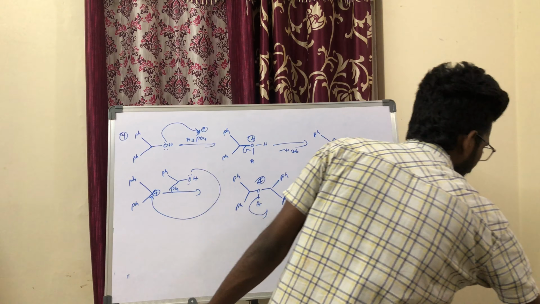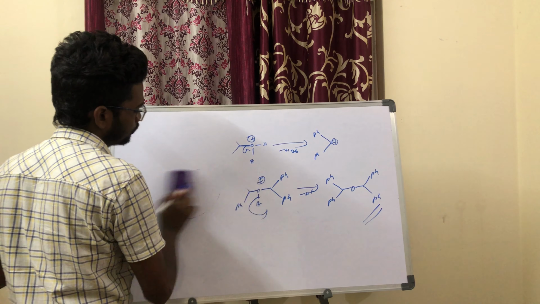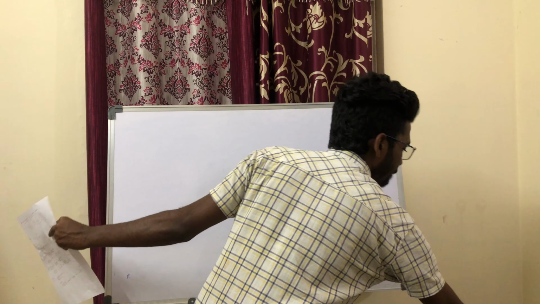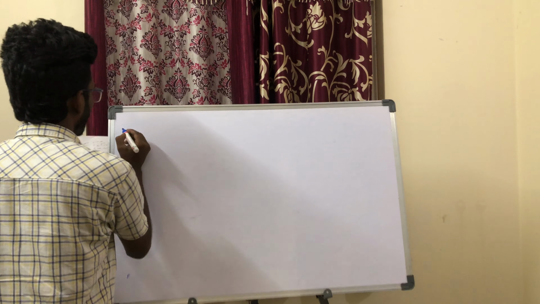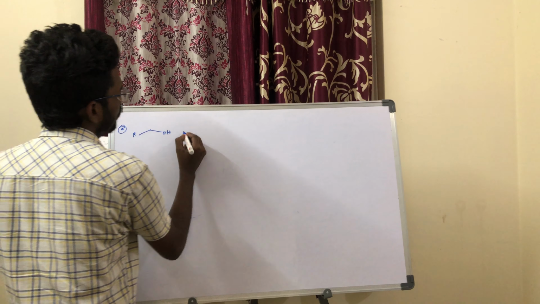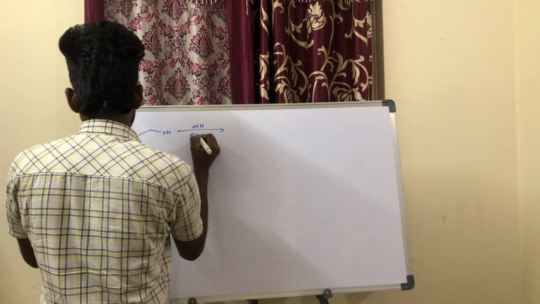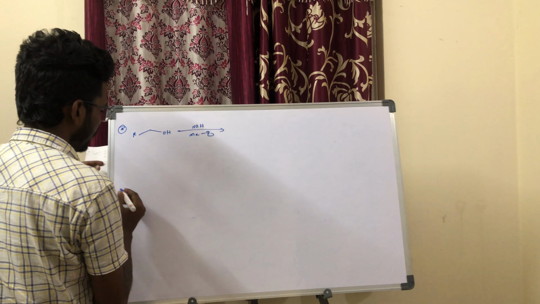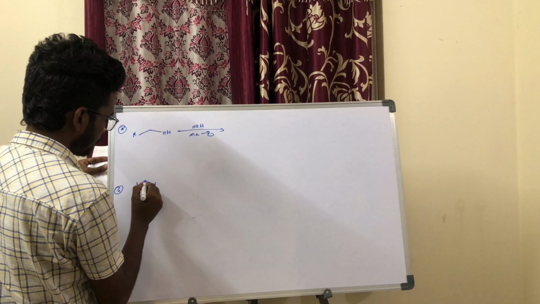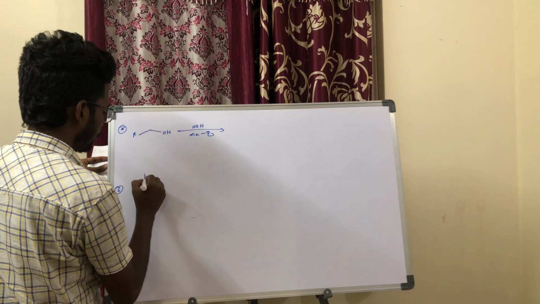And if you see one more example for you, ROH, it is going to be treated with NaH, MeI. And if you see one more example, the sixth one, it is a tertiary group.